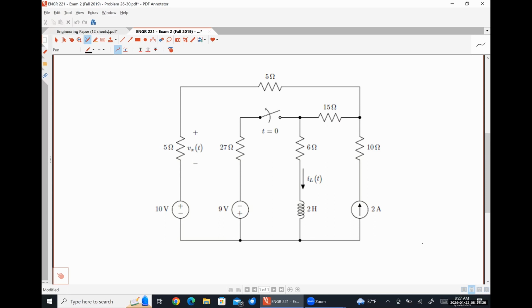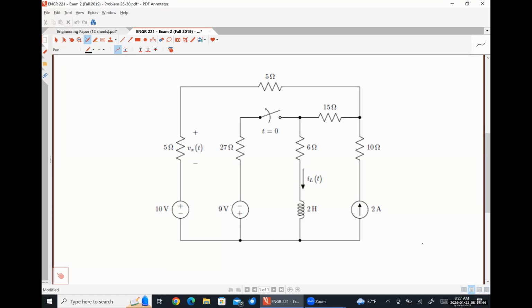So they're always in the circuit, which means they're always going to influence the behavior of the inductor. So there is going to be some non-zero forced response that I'm going to have to take into account. So this is definitely a total response problem, right?